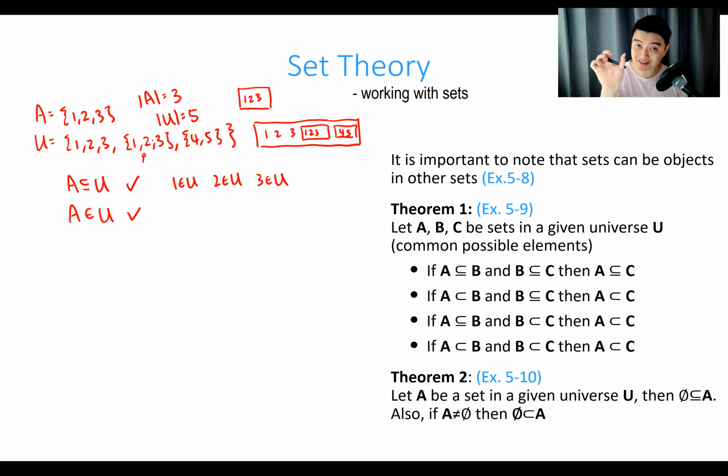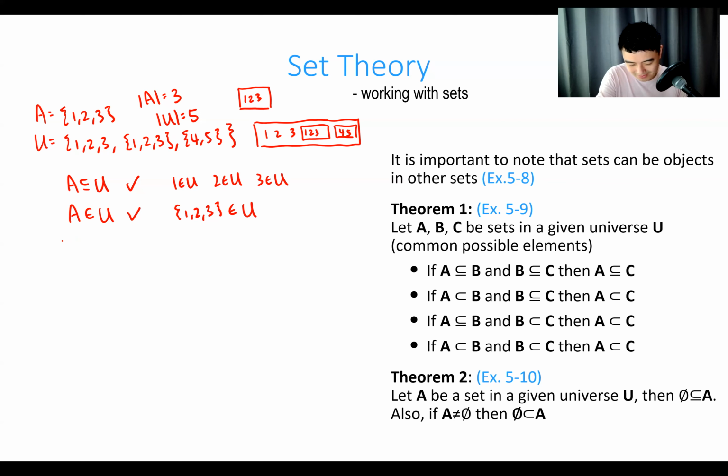This object, this set, is an object that is found in U. The object {1, 2, 3} is an element of U. That is the reason why the second statement is true. Another way to say that is, if this set was not there, then this would be a false statement. So just take note of that. A is a subset of U, and A is also an element of U.